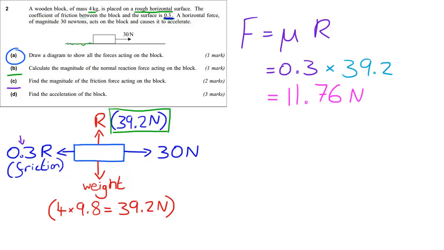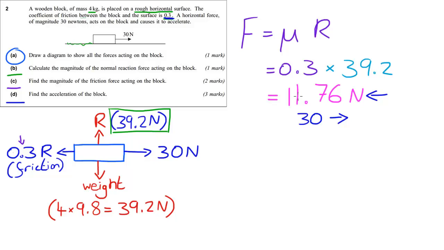So on the basis of that, find the acceleration of the block. So we have 11.76 going to the left, we have 30 going to the right. So let's find the difference between these two. I'm going to get a calculator out here. Maybe you can do the same.